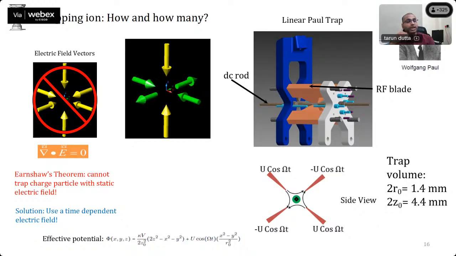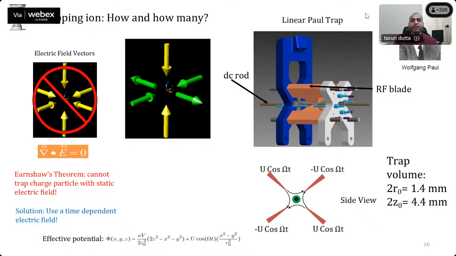By that we confine along the axial direction, and the other two directions are radial, where we apply the alternating field.